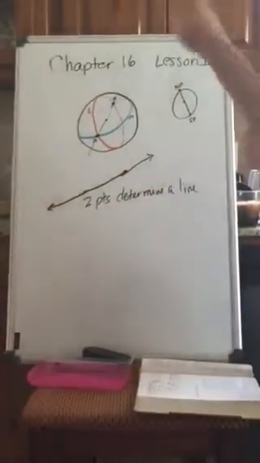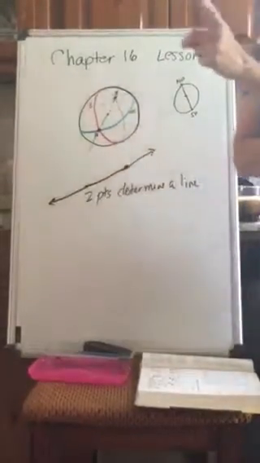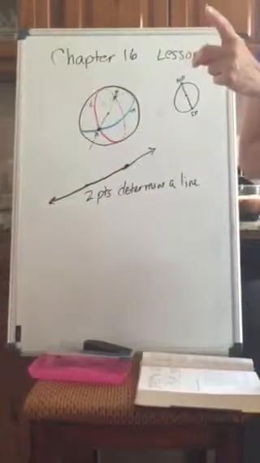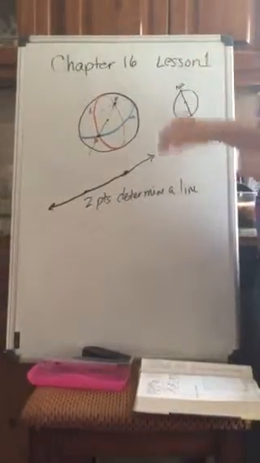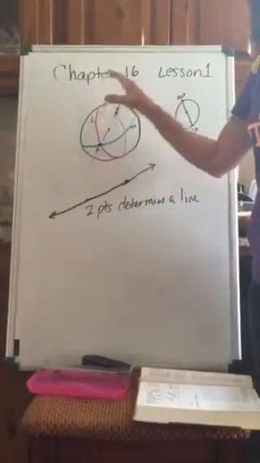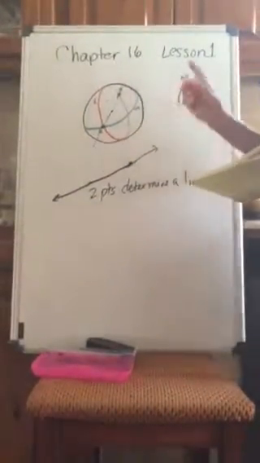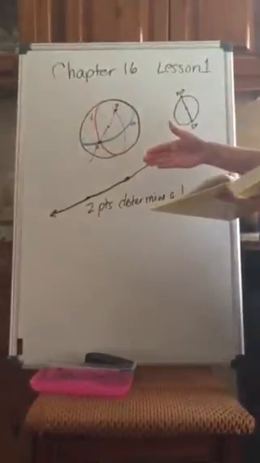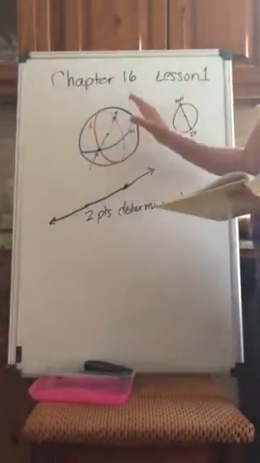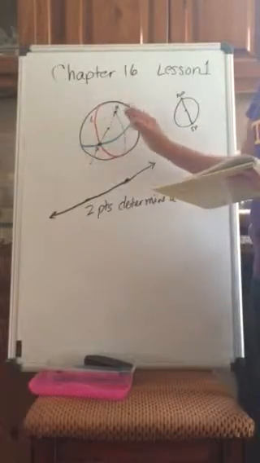And also, by definition, what makes lines parallel? They must lie in the same plane. This is not a plane. This is a sphere. Because remember, three non-collinear points determine a plane, and this is not a plane.